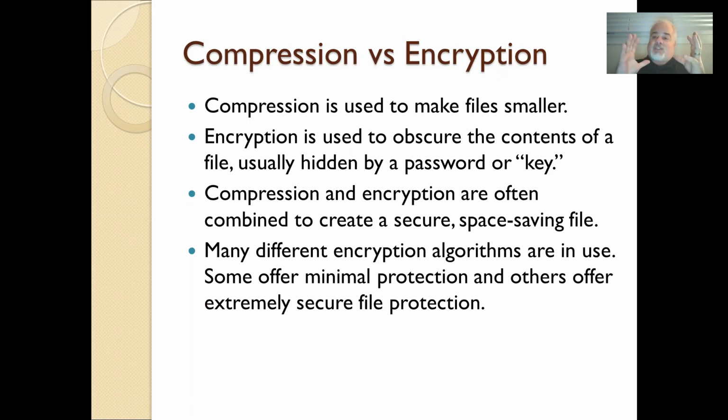It's been compressed with a little bit of loss of information, but now it's also been encrypted in such a way that nobody can look at it unless they have the password. They have to unscramble the ones and zeros, and the encryption is based on some sort of key. And so you can combine these two concepts of encryption and compression to not only save space, but also be secure.